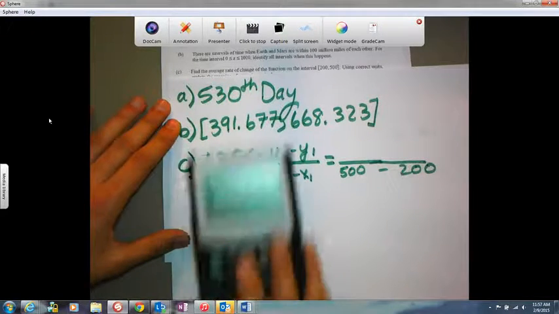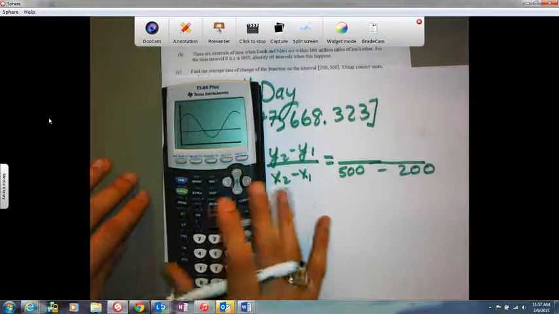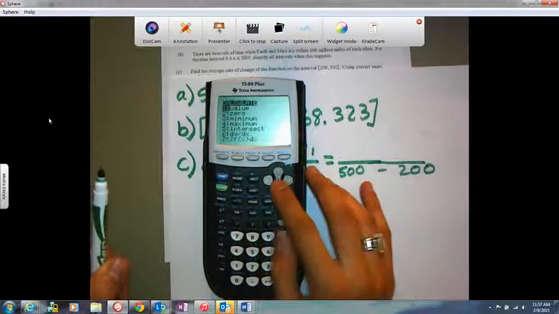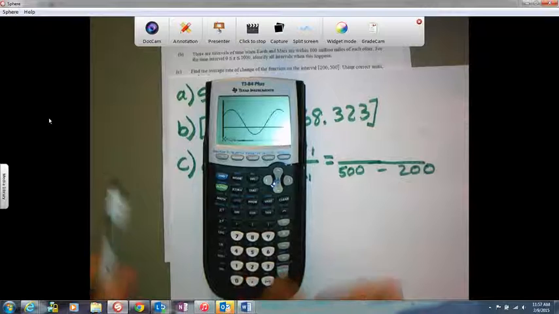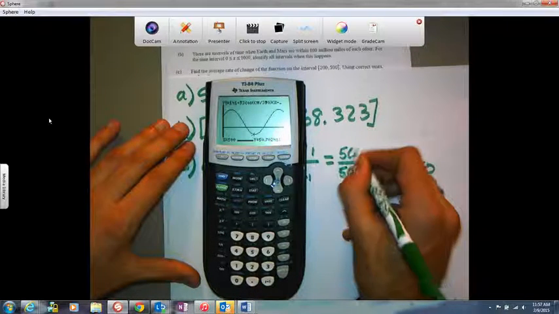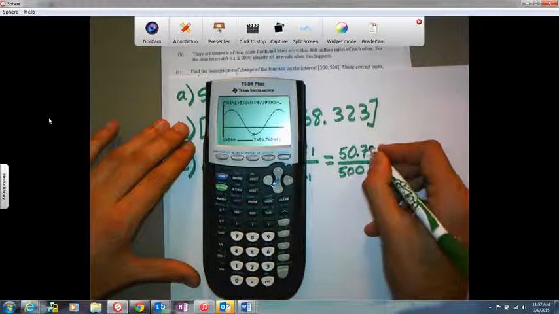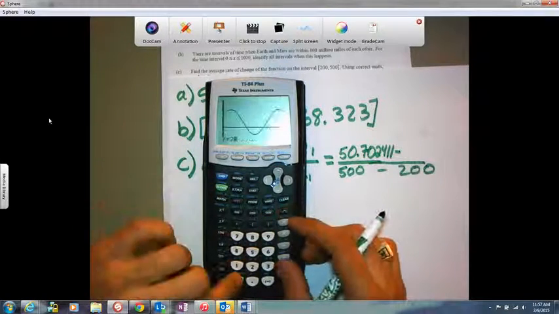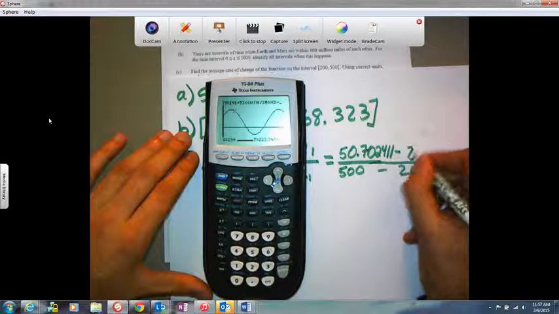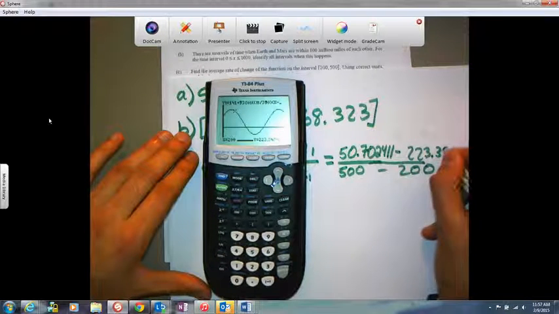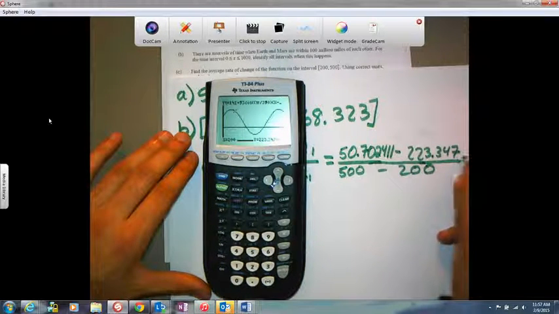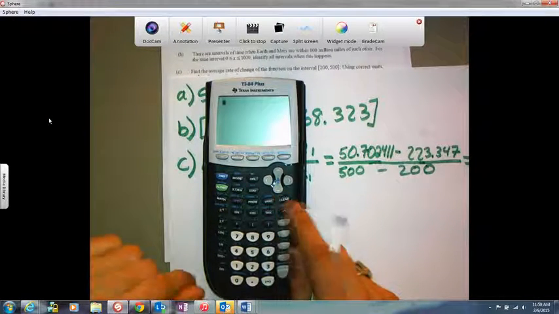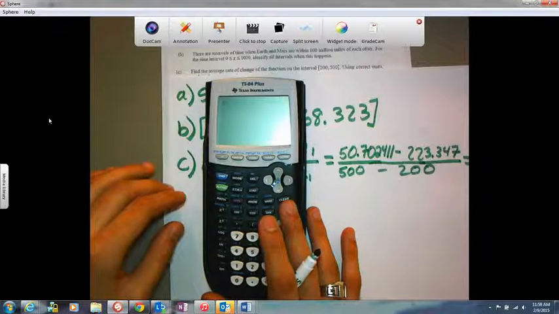So modeling first on the 83 or 84. You do not.